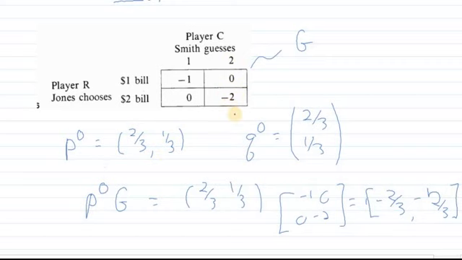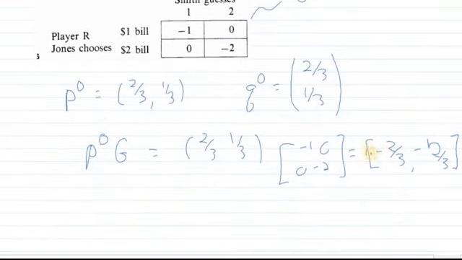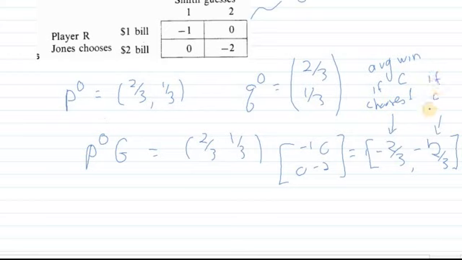So out of 30 game plays, Jones loses $20. So minus 20 over 30 gives an average winning of minus 2/3, or average losing of 2/3 of $1. All right? So these express the average winnings. This is the average winning if C chooses 1. And this is the average winning if C chooses 2.